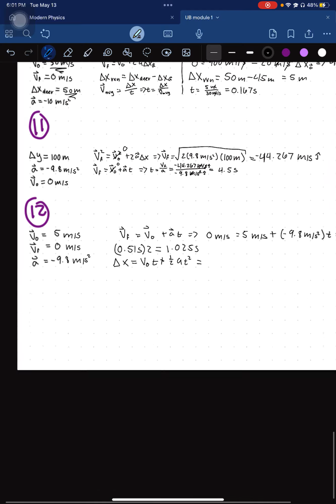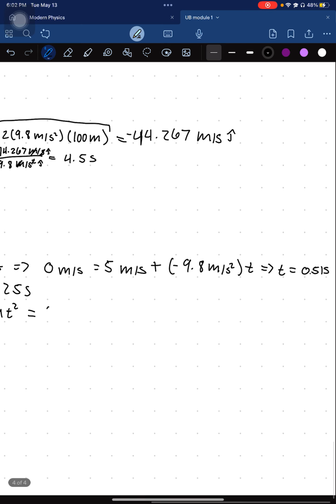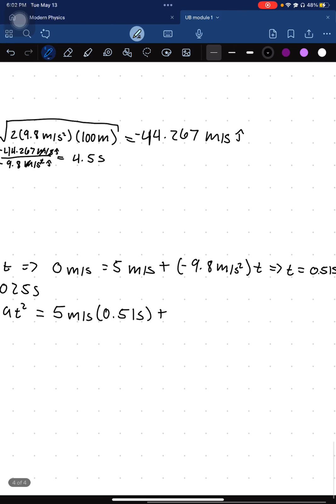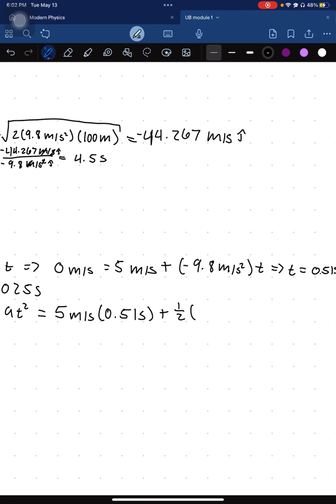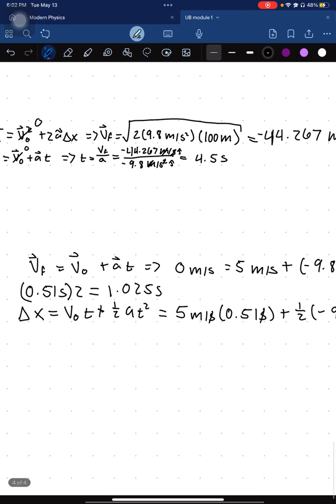So our V naught is going to be 5 meters per second times 0.51 seconds plus 1/2 times negative 9.8 meters per second squared times 0.51 seconds squared. These seconds squared are going to cancel out, and these seconds cancel out.